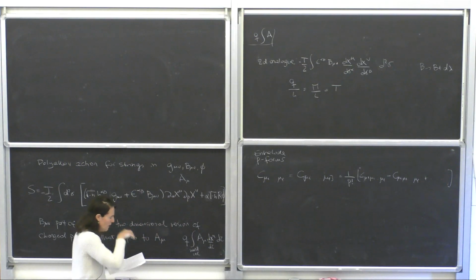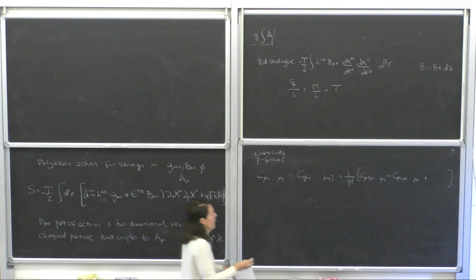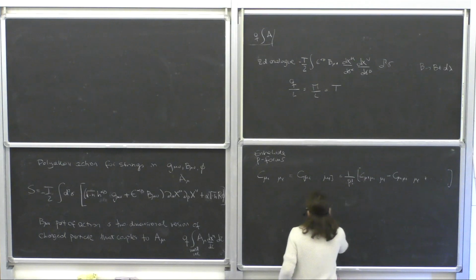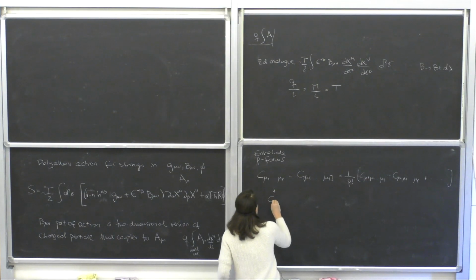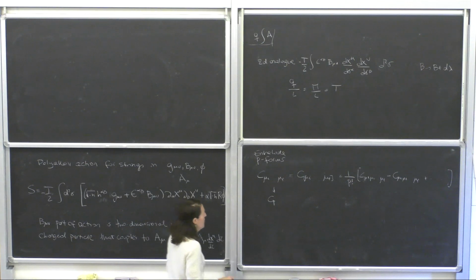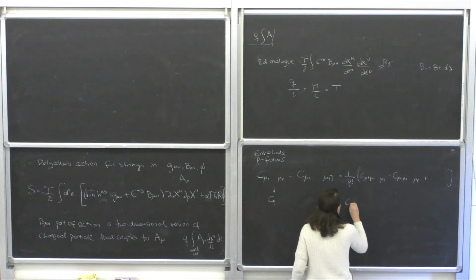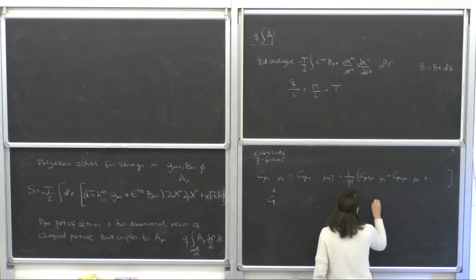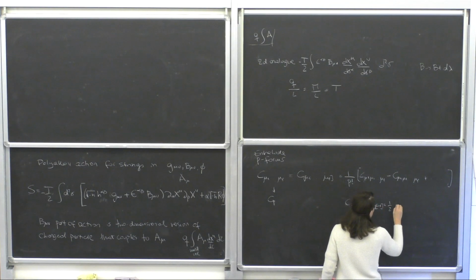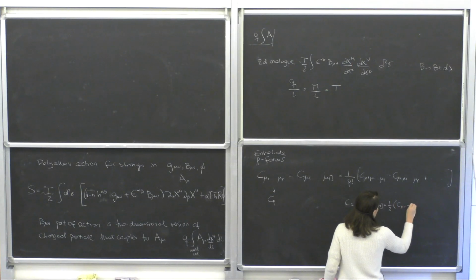That's what a p-form is. The notation is C_p, a tensor with p indices. For example, for a two-form, C mu nu is 1/2 of C mu nu minus C nu mu.